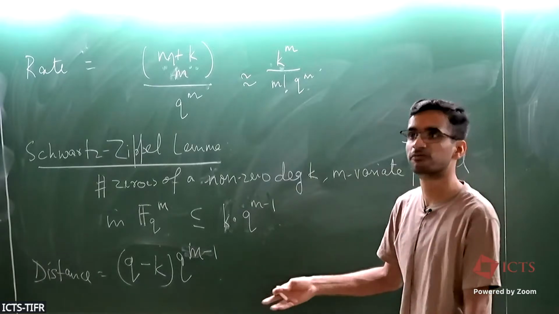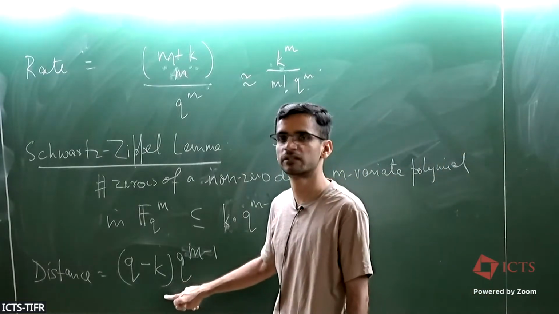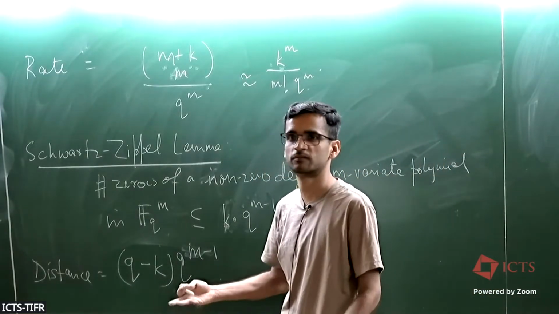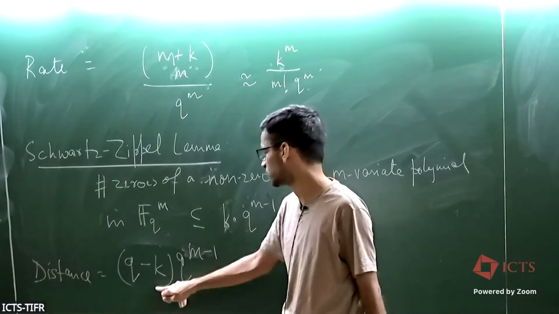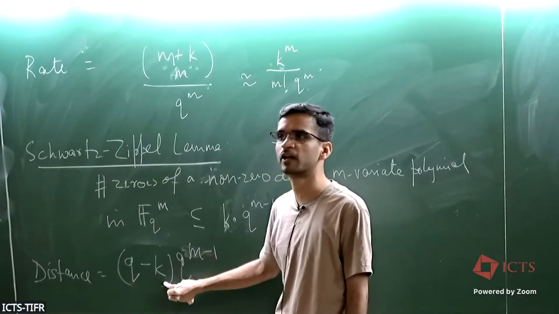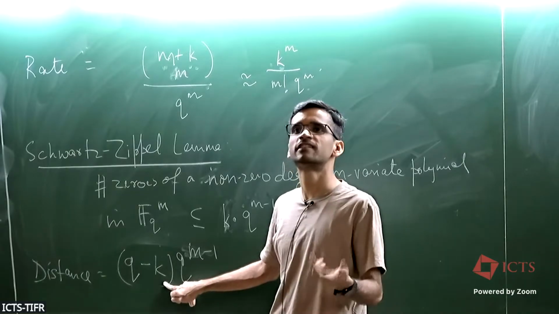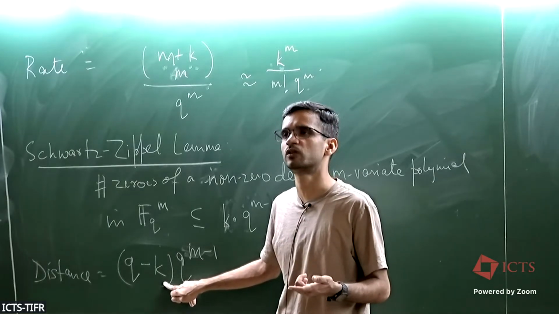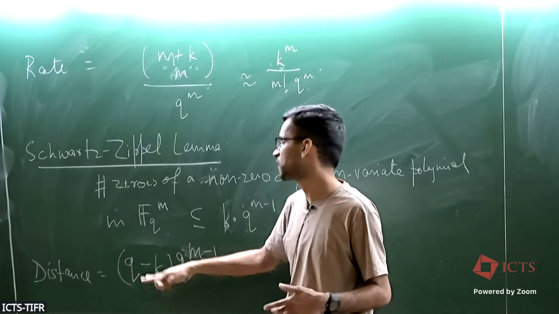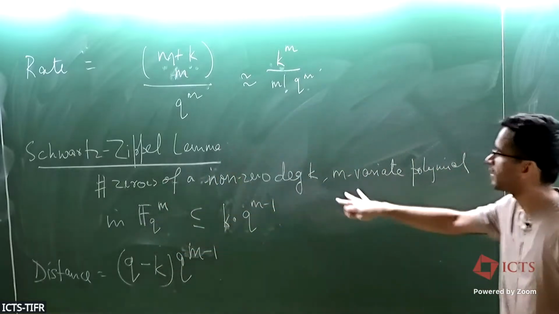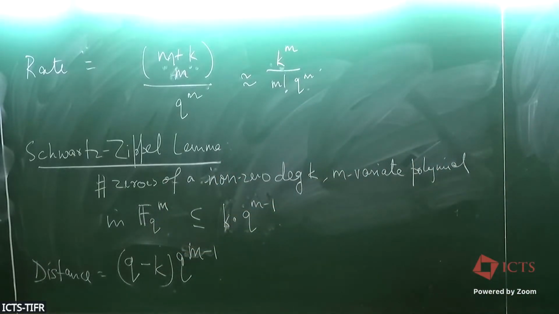If we look at the fractional distance, which is the distance divided by the block length of the code, then that's going to be 1 minus k over q, which is the same as the distance we had for Reed-Solomon codes. So the fractional distance of Reed-Muller codes in this setting is the same as that of Reed-Solomon codes. So it is a generalization in some sense.